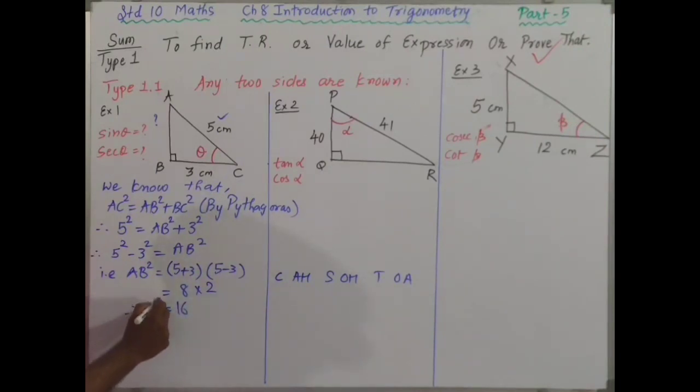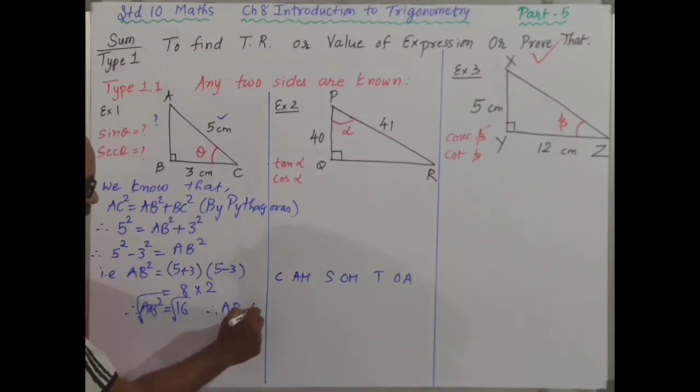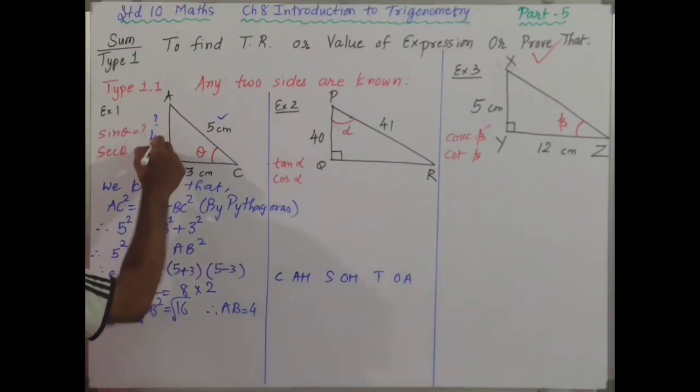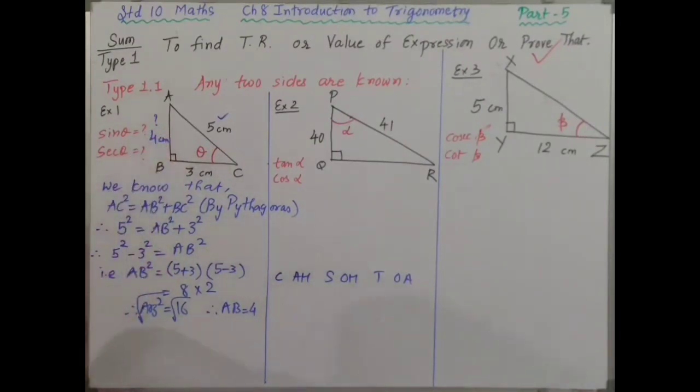You got the same. Therefore, taking square root on both sides, AB is equal to 4. So this is 4 centimeter.